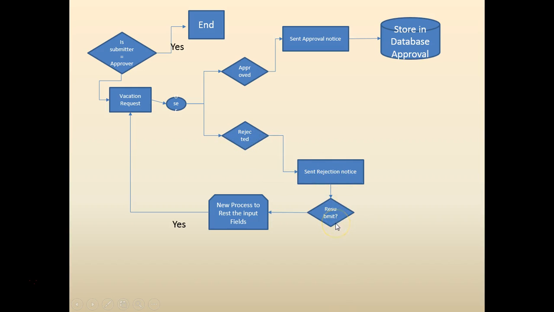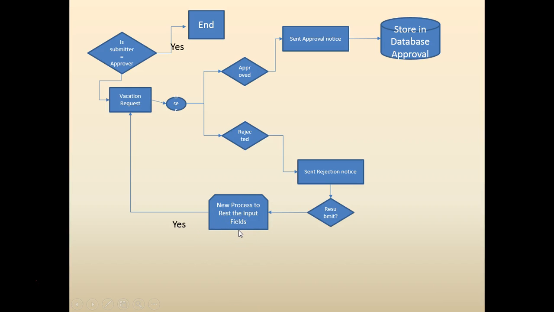When we resubmit it, the requester or the submitter can provide an alternate date. So we have to reset the original from date and to date with the new from and to date, and the comments will also be reset. So this reset will be a new process.